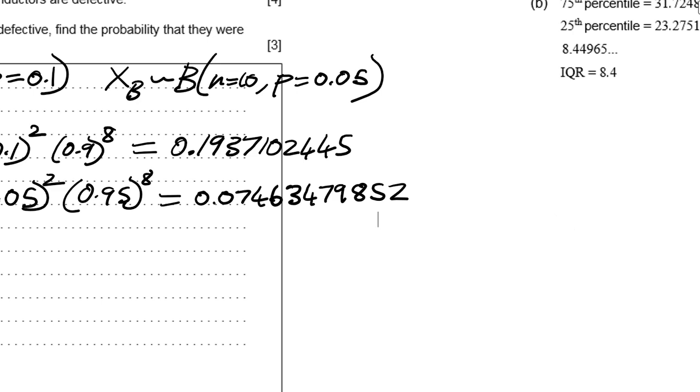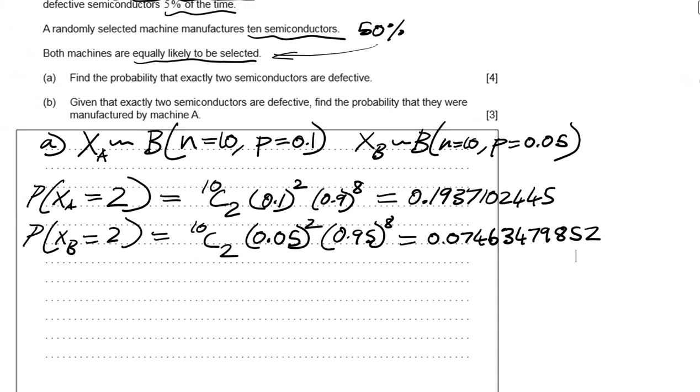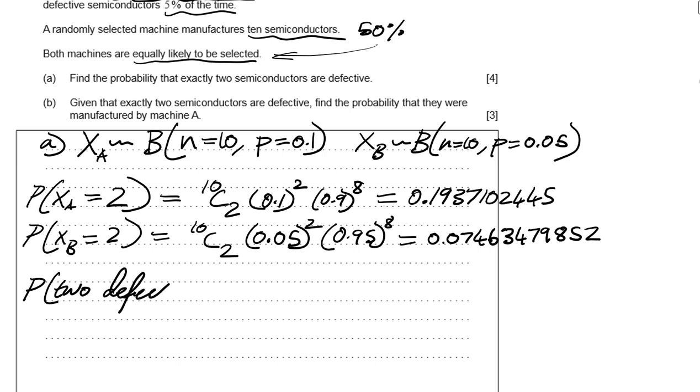And now let's understand the rest. The probability that we have two defective overall from this random selection of the machine is now equal to half, right? Our probability of choosing a machine is half.